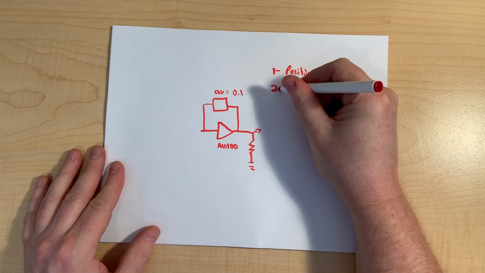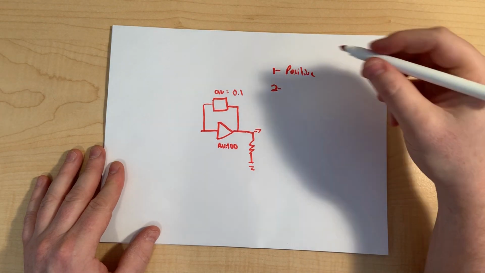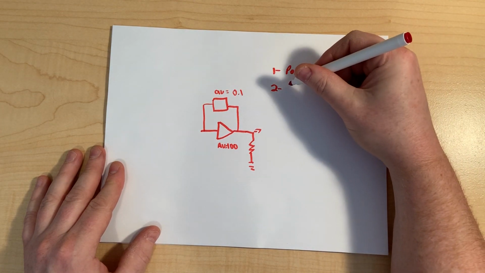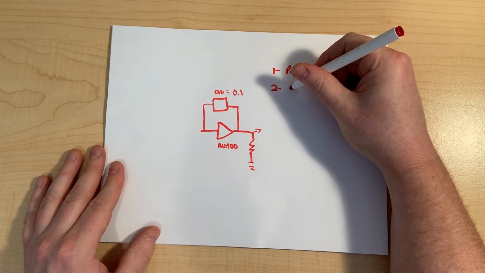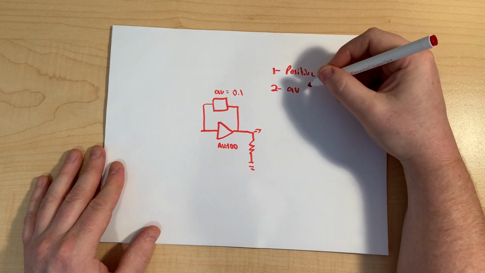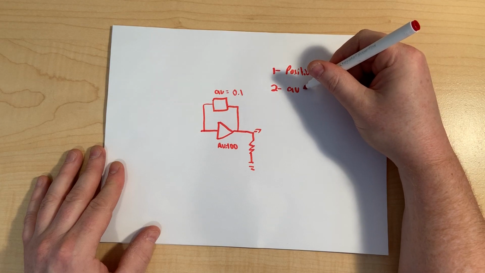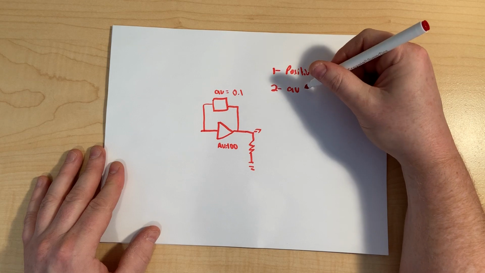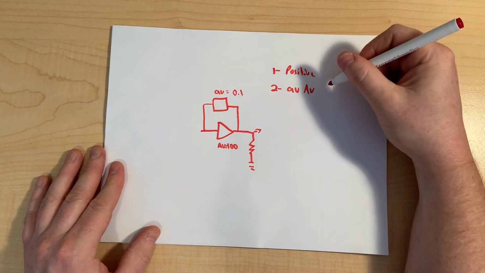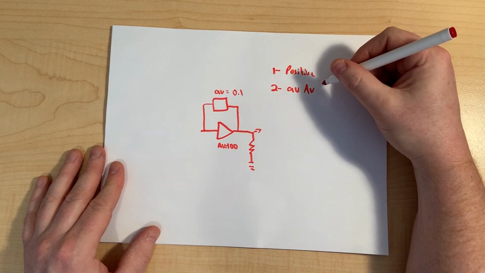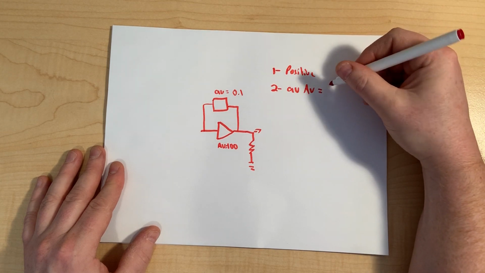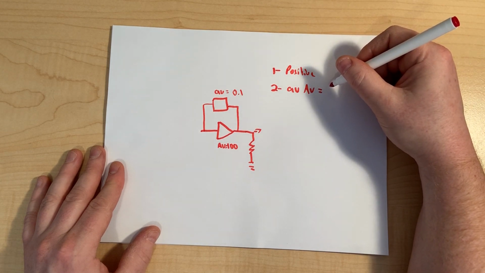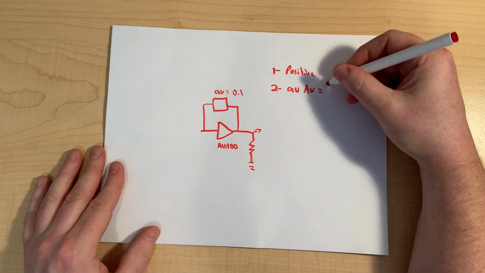Second criteria is that the gain, both attenuating, which is the little a, times the amp's gain must equal 1. Okay?